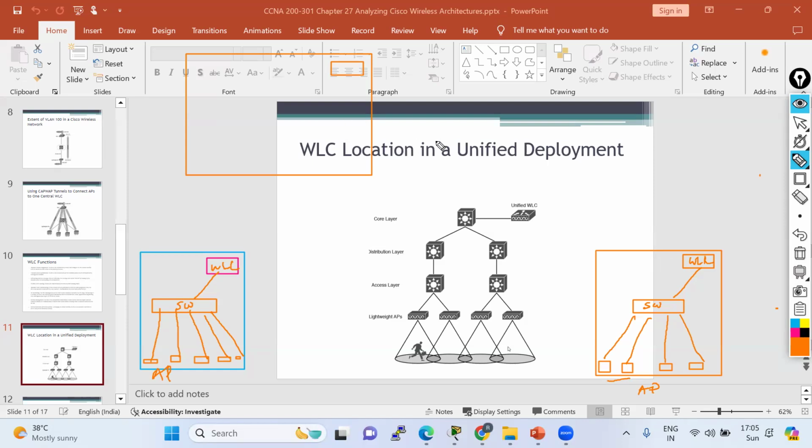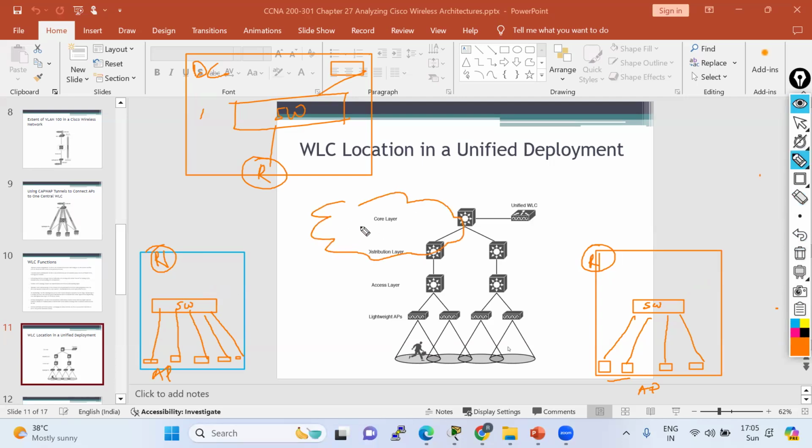Then how will my design look? This is my data center, my DC location. The DC location again has a switch, and you have a WAN router also. This location also has a WAN router, and this location also has a WAN router. If I don't want to use a WLC in my branch locations, then what happens?